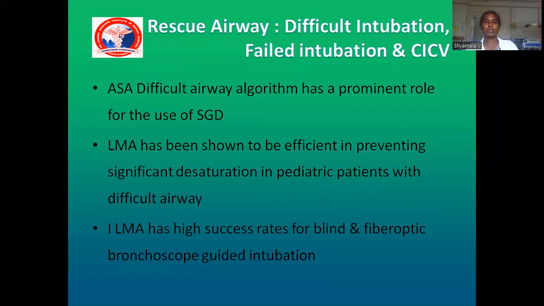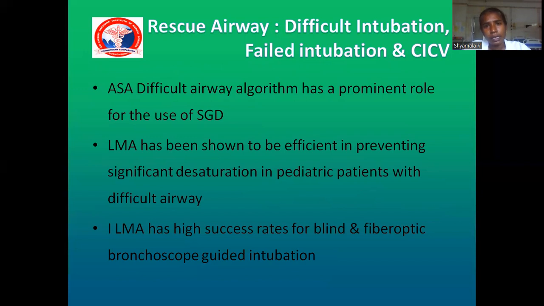Then in rescuing the airway in the case of difficult intubation, failed intubation, and the can't intubate, can't ventilate situation also. Because if you are not able to intubate or ventilate after giving anesthesia, somehow you have to maintain the airway. In that case, you can just put in an LMA so that you can maintain the airway.